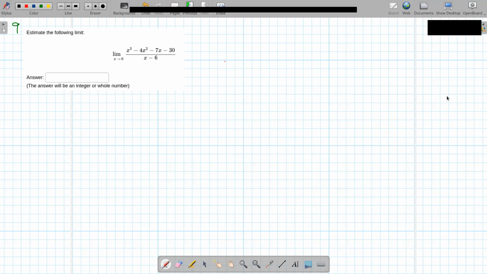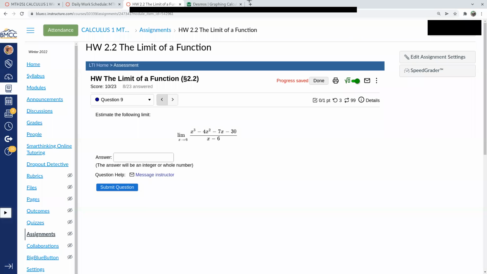Let's try Desmos again. It's been very handy lately. Uh-oh, my computer does not want to do so. I had this problem the other day too at the end of class. All right, so let's do this. Oh, it's my Zoom.